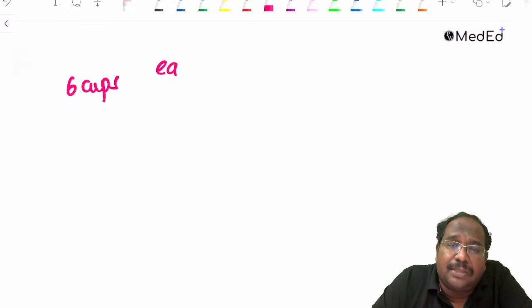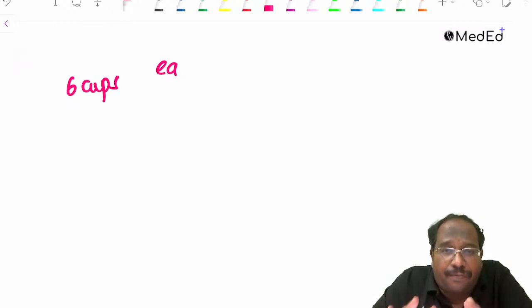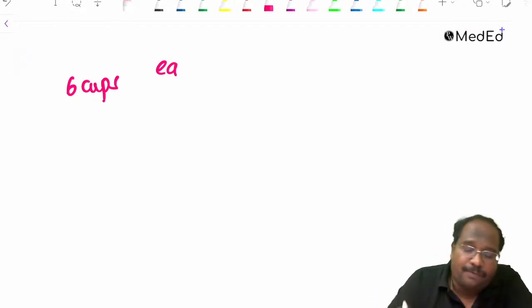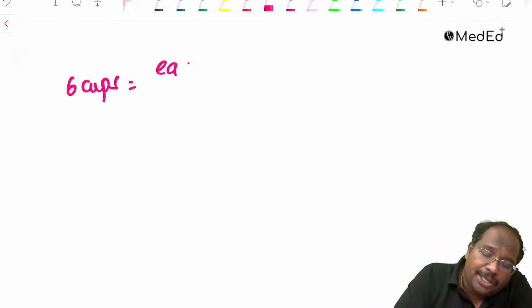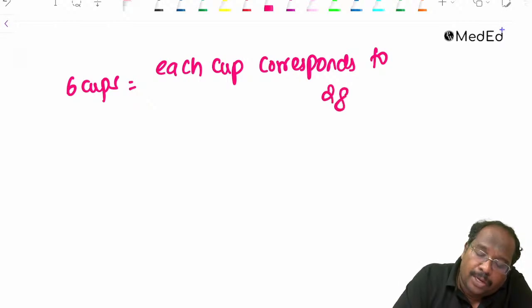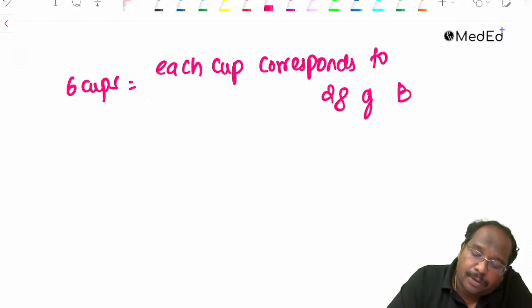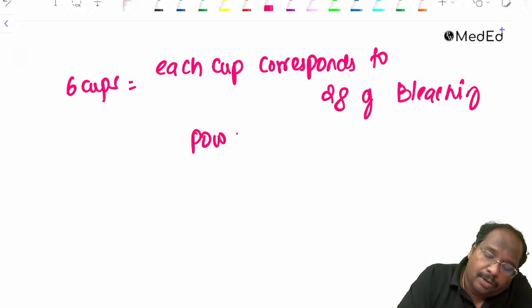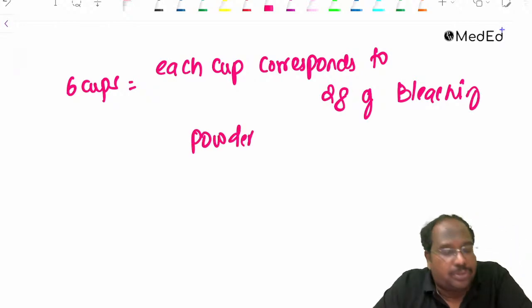The first cup where there is a change in color, we have to take that as the first cup. Each cup corresponds to 2 grams of bleaching powder.